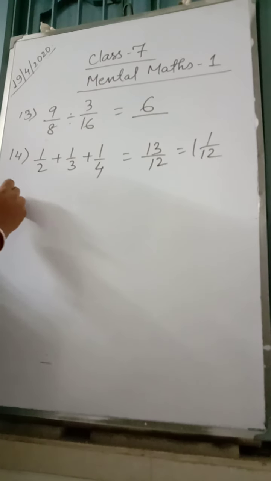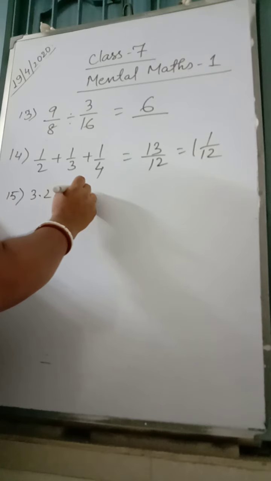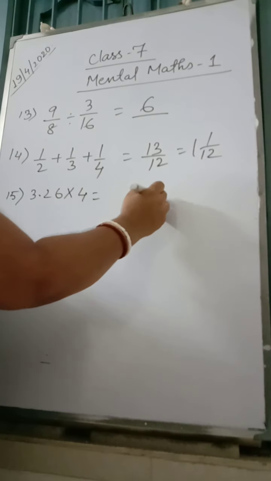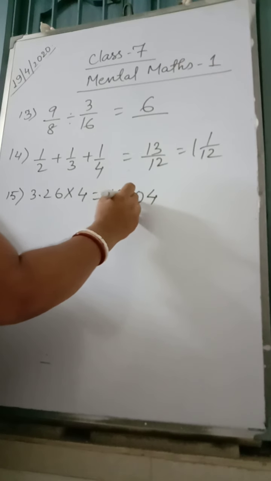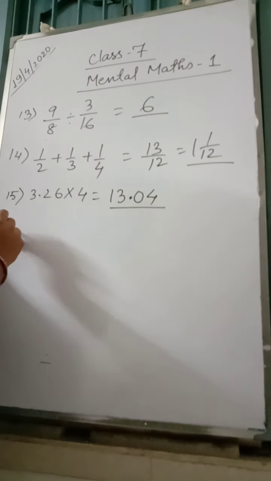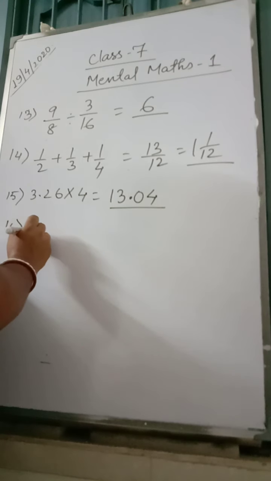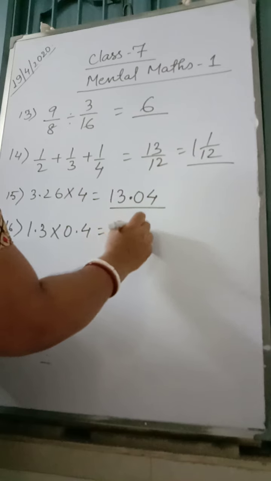3.26 into 0.4. 4 sixes are 24, 4 twos are 8 and 2 is 10, 4 threes are 12 and 1 is 13. So 13.04 is the answer. Number 15 is done. 16: 1.3 into 0.4. 13 fours are 52.